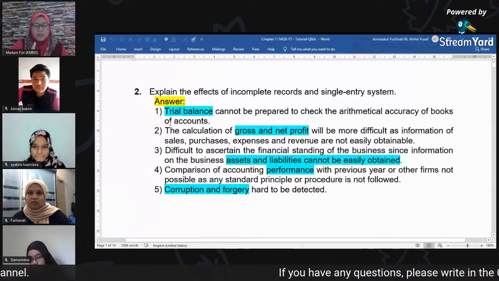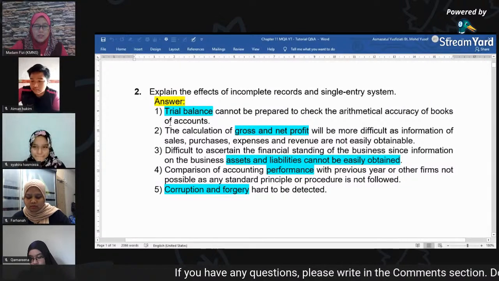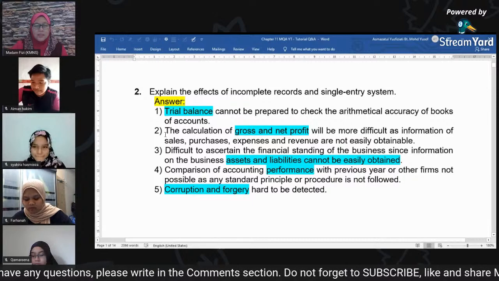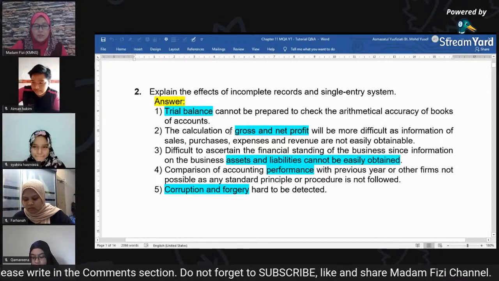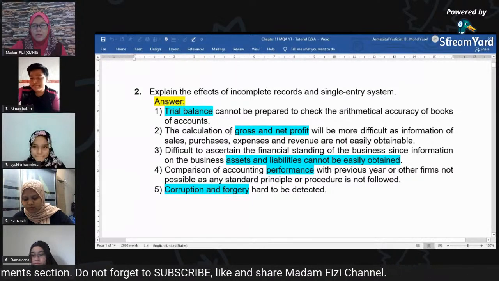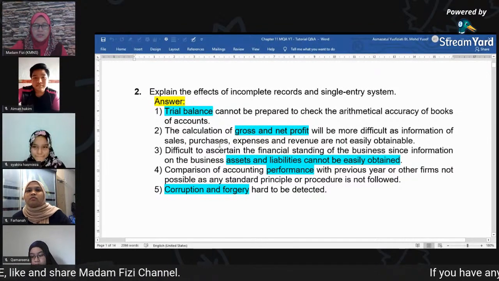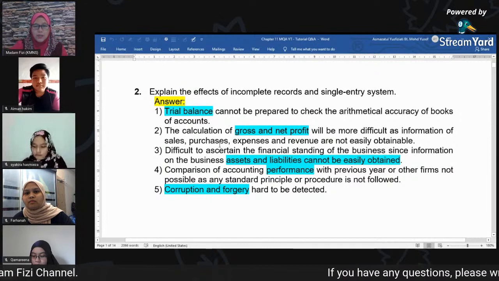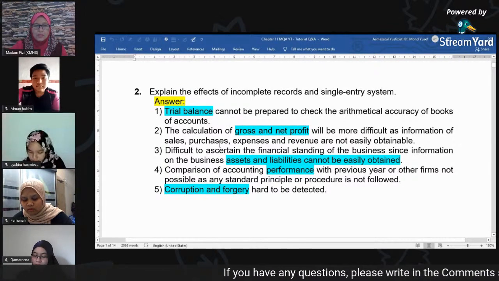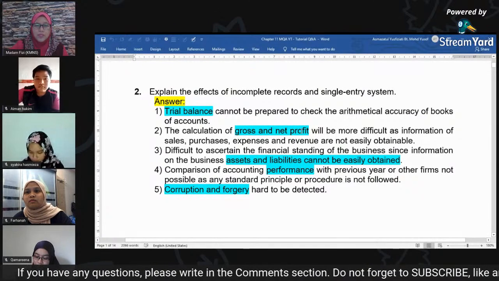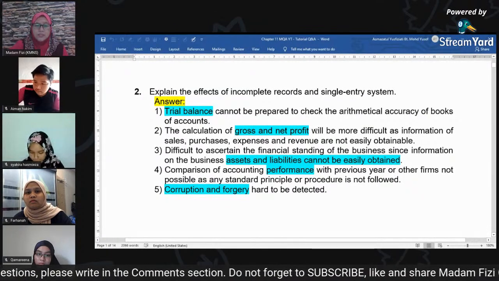So the point is the trial balance cannot be prepared. Secondly, the calculation of gross and net profit will be more difficult as information of sales, purchases, expenses and revenue are not easily obtainable. So the point is the gross and net profit will be difficult.